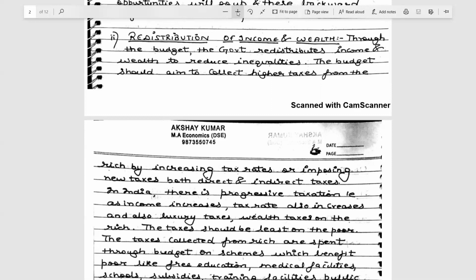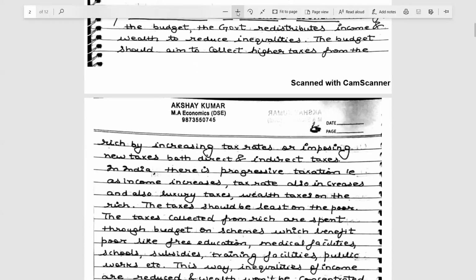The budget should therefore aim to collect higher taxes from the rich by increasing the tax rates or imposing new taxes, both direct and indirect taxes. I hope all of you know what's the difference between direct and indirect taxes.